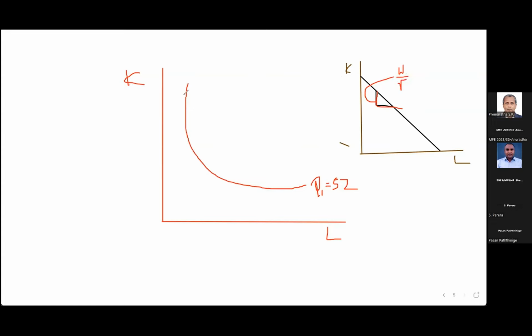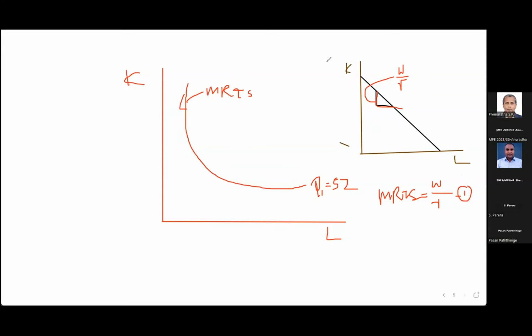Here the slope is MRTS. So the slope of the isoquant curve equals the slope of the isocost curve, which means MRTS equals the input price ratio. There we decide the first order condition for optimization or economic efficiency.